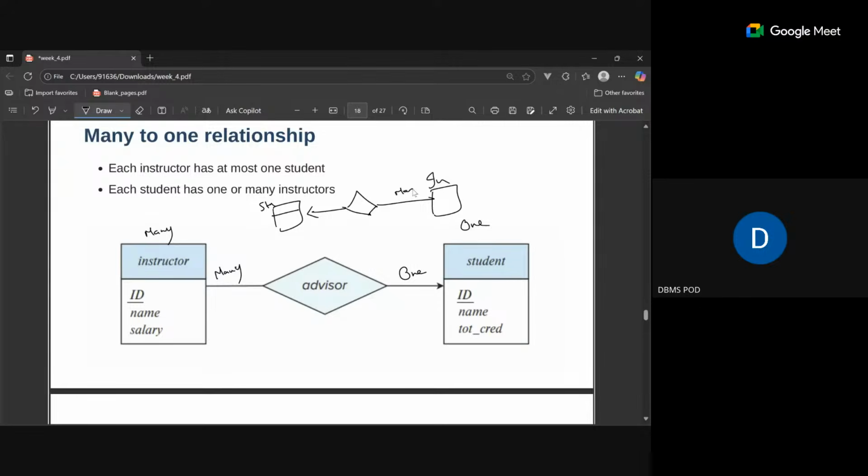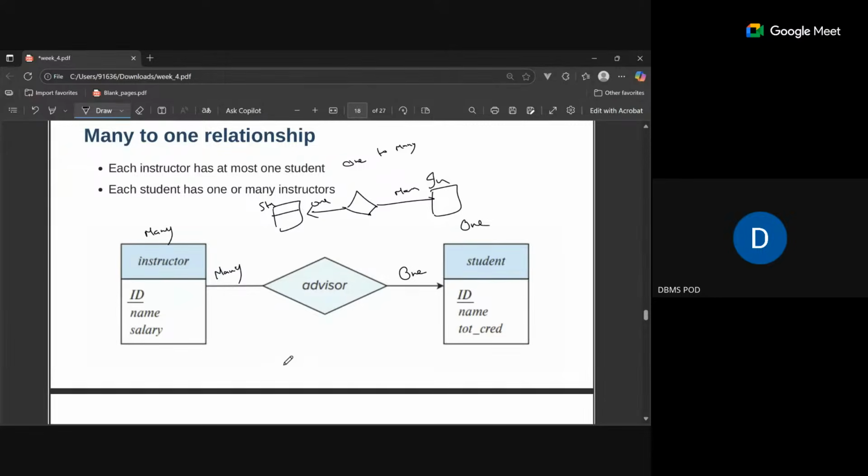This is many and this is one. What I did is I just reversed and drew the diagram. Now again you can consider this as a one-to-many relationship. And in fact, this does happen. It's nothing but a vice versa of one-to-many and many-to-one. I hope this is also clear.